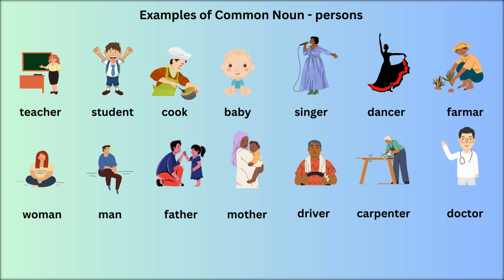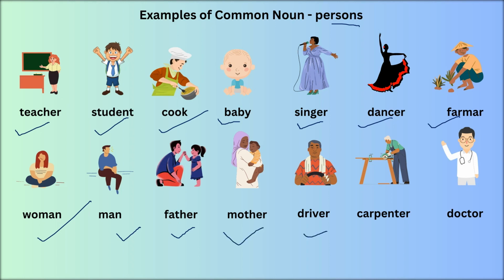Examples of common noun for persons. So we are going to see the examples of people in general. How a common noun for people is used in a very general way without naming anyone. So when we say teacher, student, cook, baby, dancer, farmer, woman, man, father, mother, driver, carpenter, doctor, these are a few examples of common nouns for people.